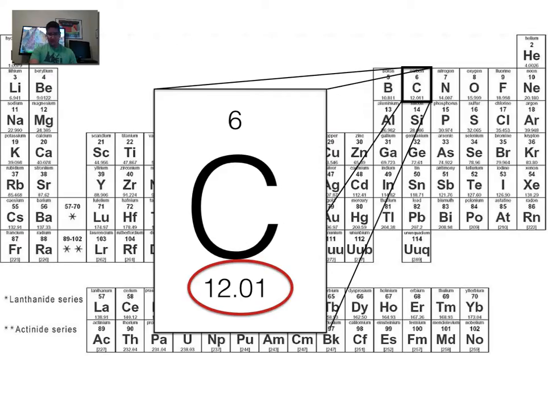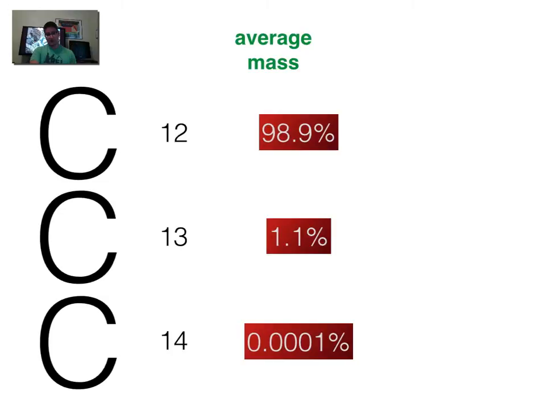So let's see how we get this number 12.01. Why isn't it just 12 flat out? Well, because this is an average mass. This isn't actually an exact mass, but an average mass of the carbon isotopes that exist in nature. So if I go back to my different carbons that I highlighted earlier, I can get the mass contribution of each of these by converting the percentages into their decimal form.